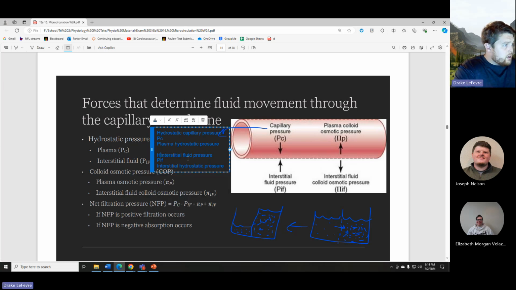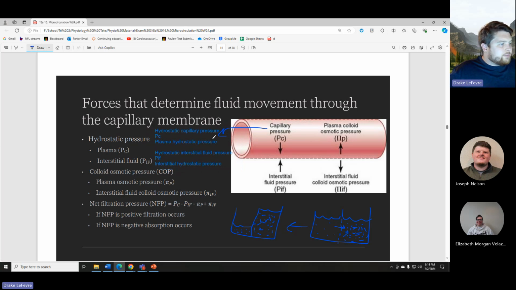Should I actually add here? Hydrostatic interstitial fluid pressure. Again, if you see hydrostatic, any of them, or this hydrostatic interstitial pressure, all that kind of stuff right there, that's going to be our interstitial pressure.